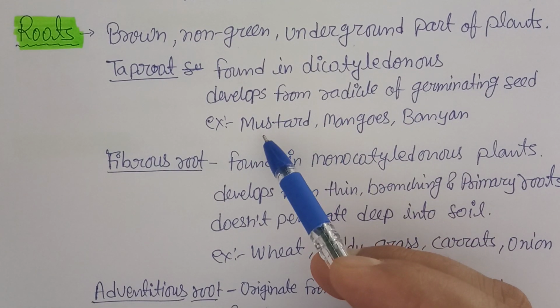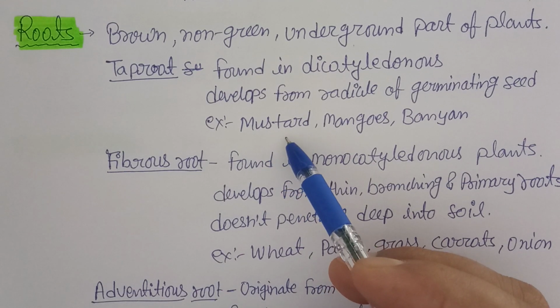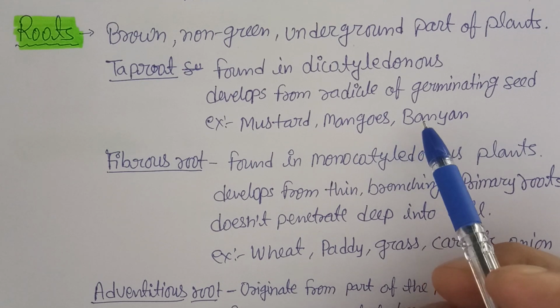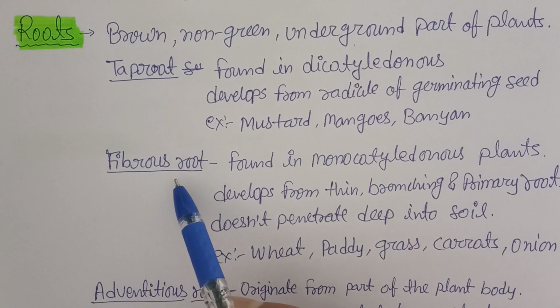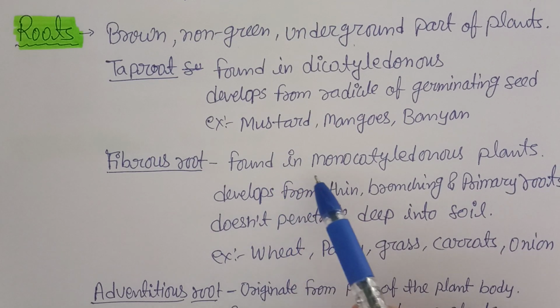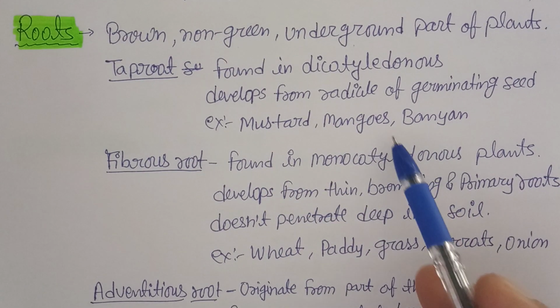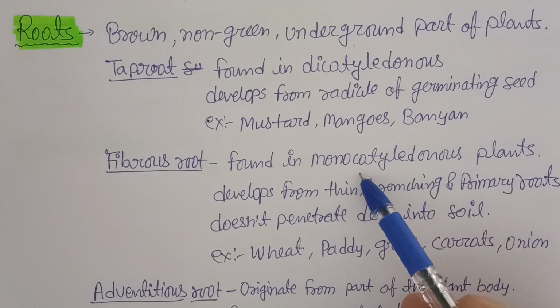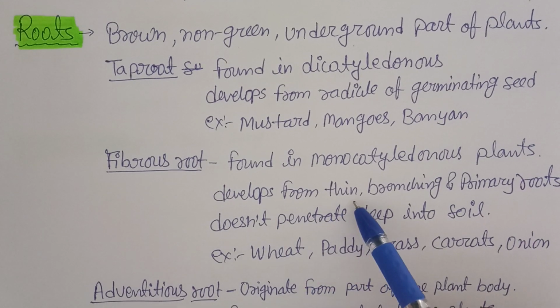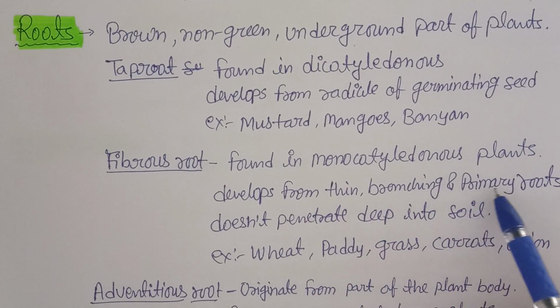Examples of tap root are mustard root, mango root and banyan tree root. These are the tap roots. Then fibrous roots are found in monocotyledonous plants, right? Here dicotyledonous has tap root, and fibrous roots are found in monocotyledonous plants, and they develop from thin branching primary roots, right?